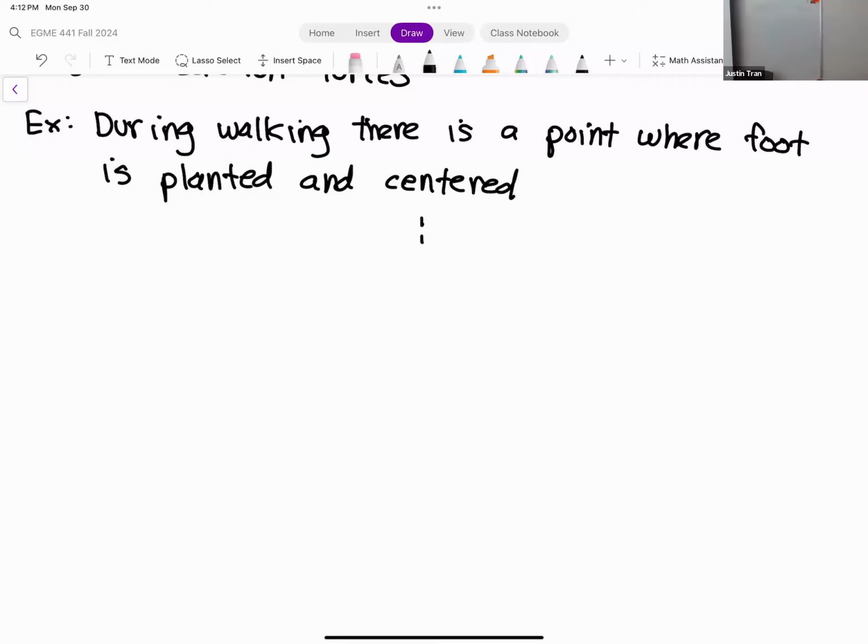If we draw this dotted line right here, that's a line that aligns with our center of gravity. In order to achieve balance, our foot has to be planted right on that line.